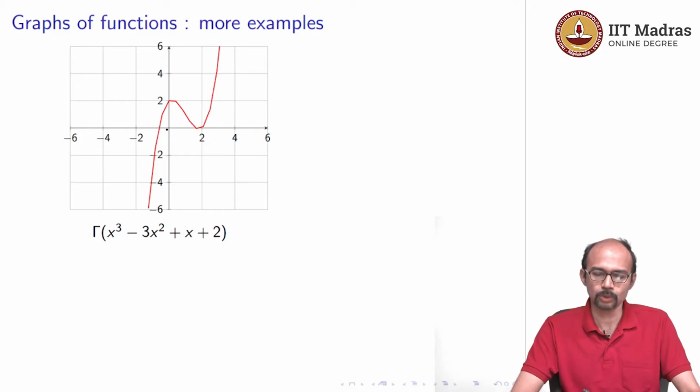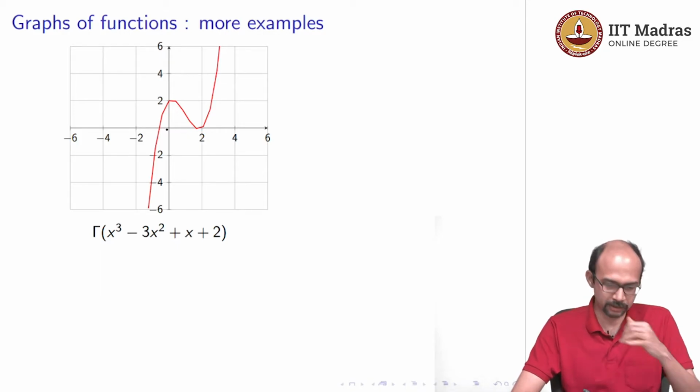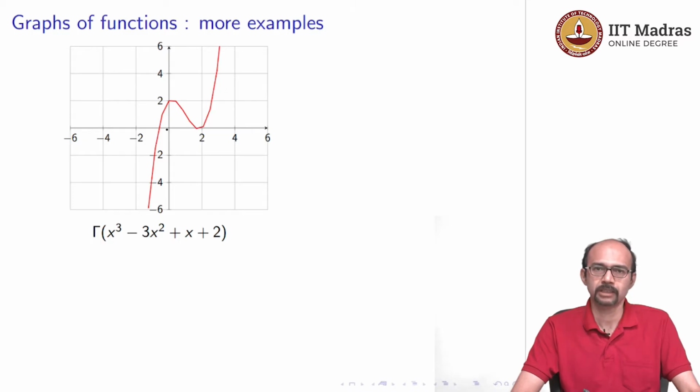It's not increasing too fast, but beyond minus 1 or beyond 3, it rises very, very steeply. That's where, as x increases, the x cubed sort of controls how fast the function increases.